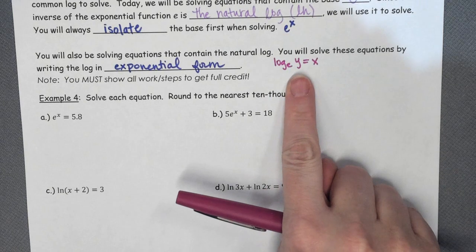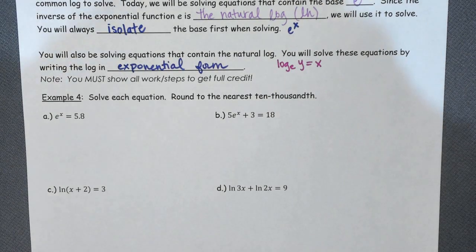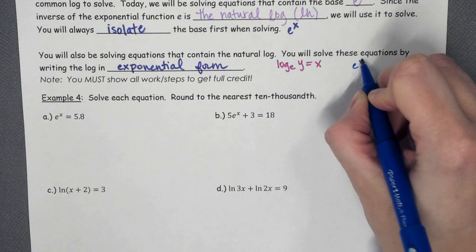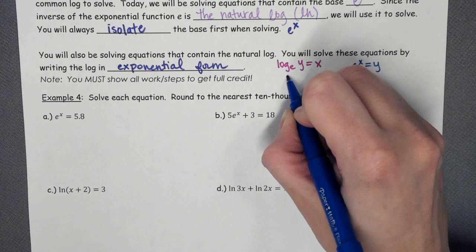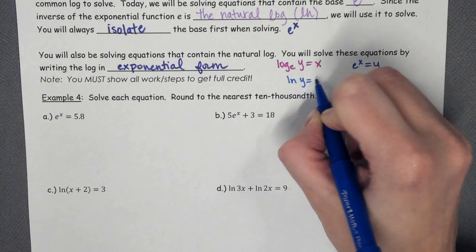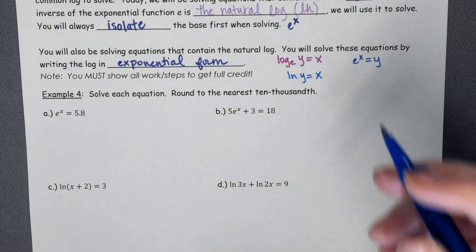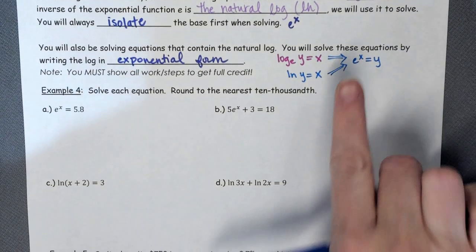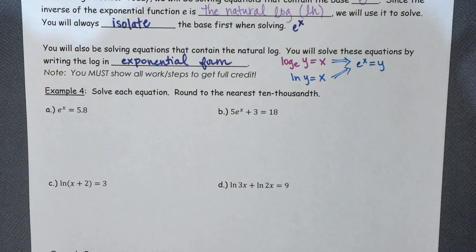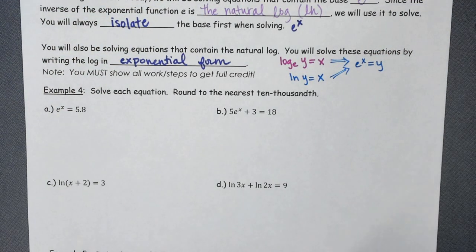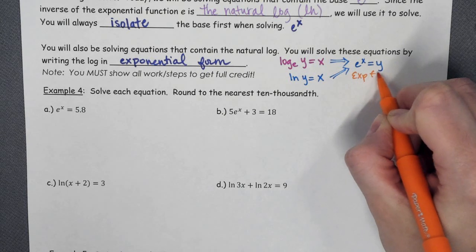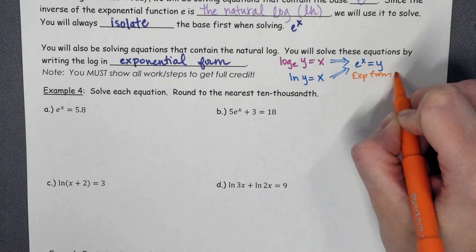How would I write this in exponential form? e to the x equals y, right? So if you have the natural log of y equals x, all you're going to do is rewrite it like this. This is exponential form, and that is what you have to do when you have your logs. Okay, you need to write it like that.